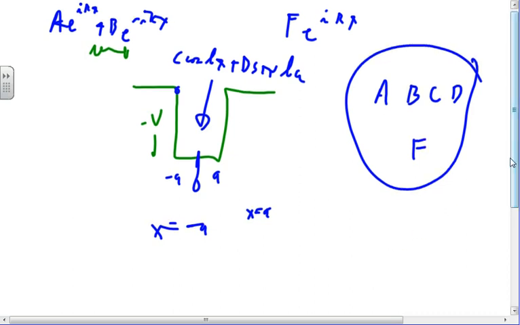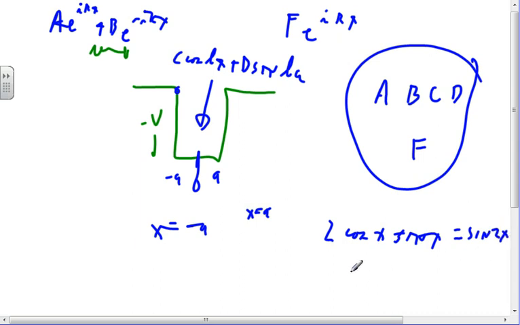But in so doing, I had 2 cosine x sine x. Anybody know what 2 cosine x sine x is? On the back of the cover of your book, it says 2 cosine x sine x is sine 2x.